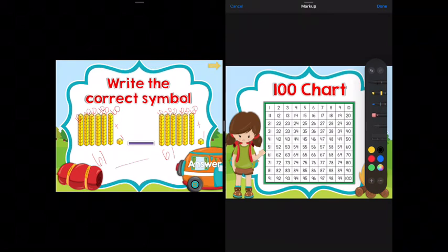Oh gosh, guys. We have the same number. You guys remember what symbol we use if it's the same number? It can't be greater than because they're the exact same, and it can't be less than because they're the same. So it has to be equal to.